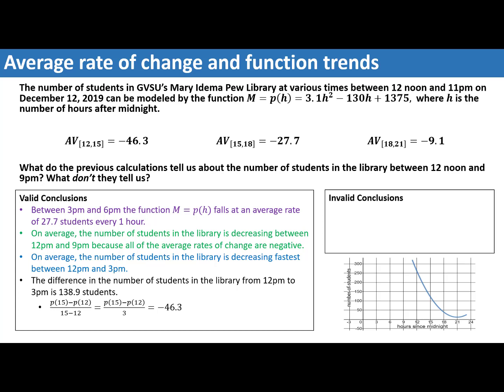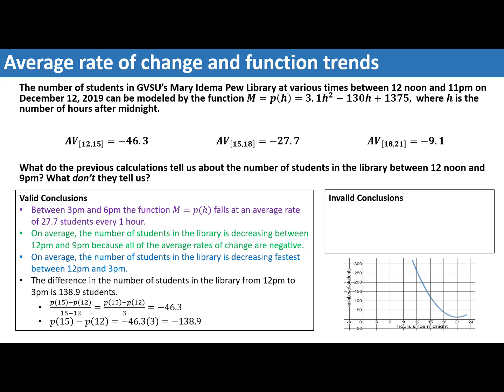And we know that that equals negative 46.3. So if we were to multiply by 3 to get that 3 out of the denominator, we would end up with p of 15 minus p of 12 equals negative 46.3 times 3, which is negative 138.9 students.